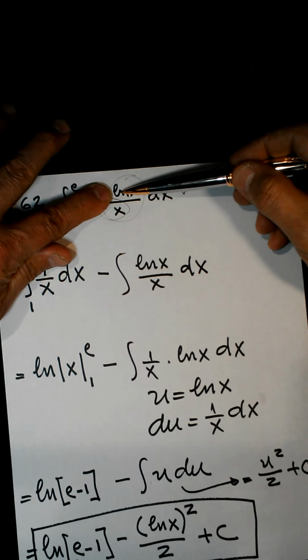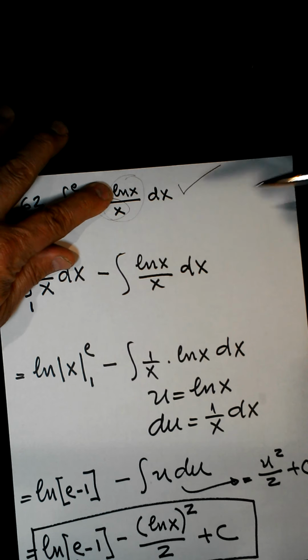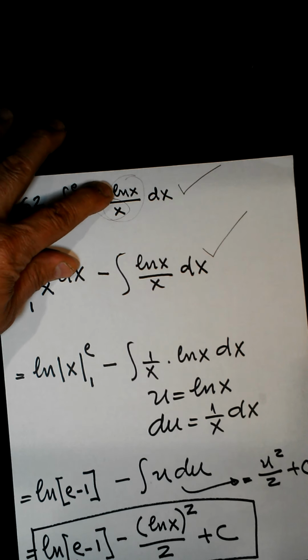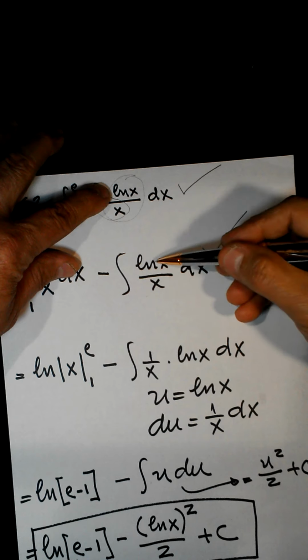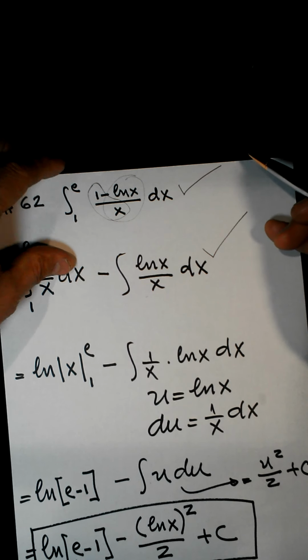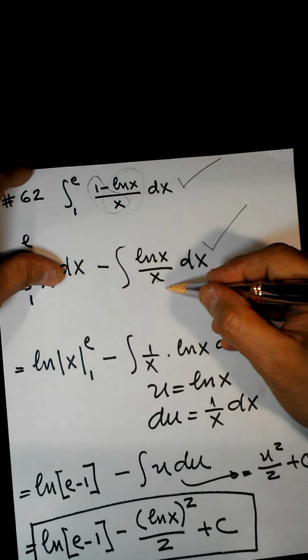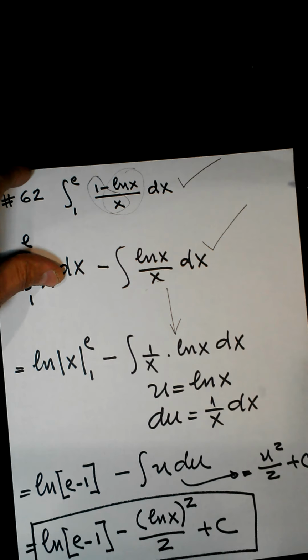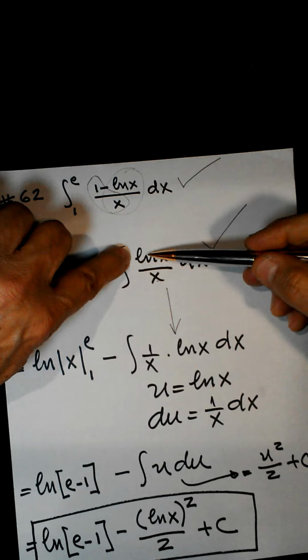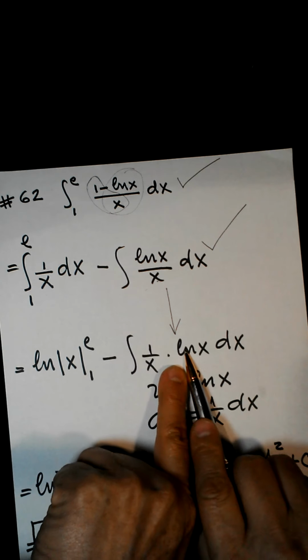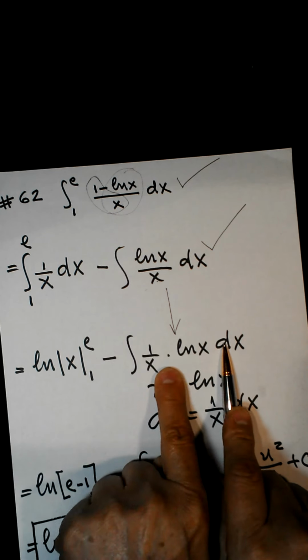And now the second integral is log natural of x divided by x. But here you need another insight. How do you get out of this? It's not du the way you're thinking. Actually, you have to rewrite. This integral rewrites like that. You just separate 1 over x in multiplication with log natural of x dx.